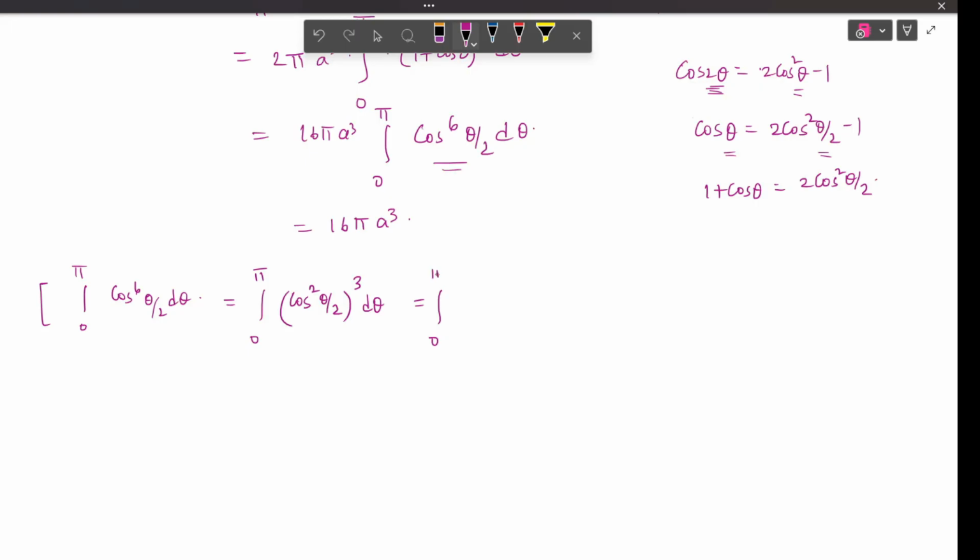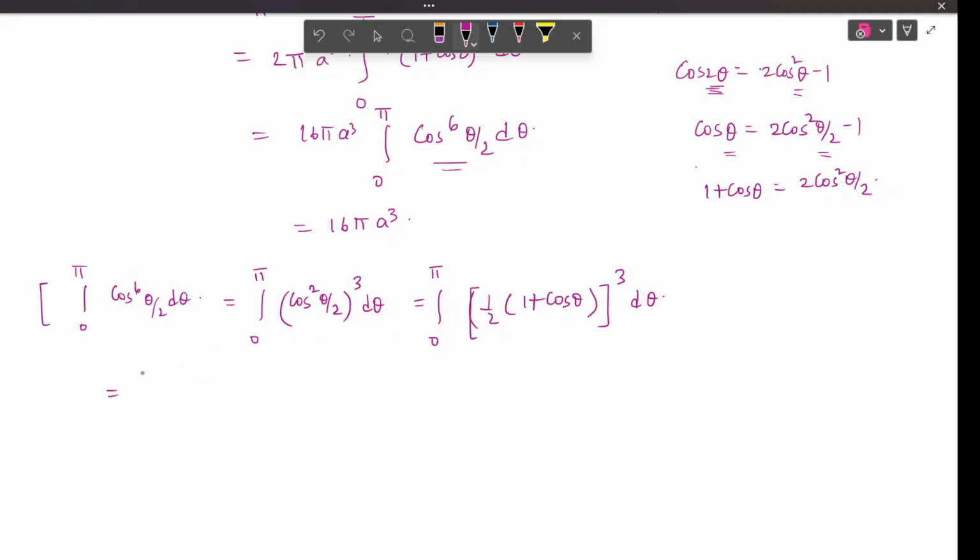So this is 0 to pi. We have to use this formula, that is cos square theta by 2 would be half of (1 plus cos theta). So this would be half of (1 plus cos theta) and whole cube d theta.